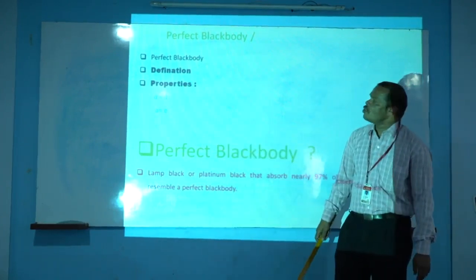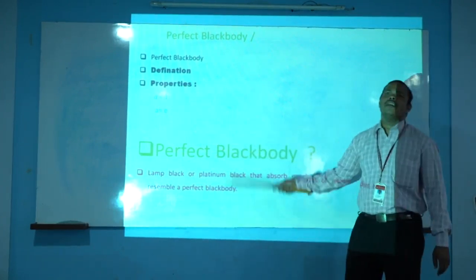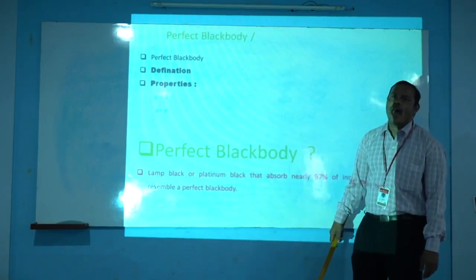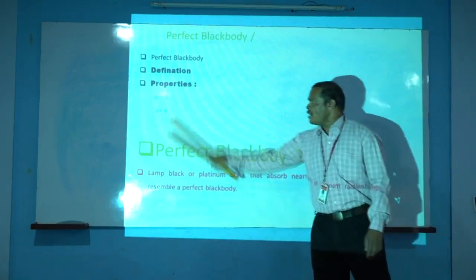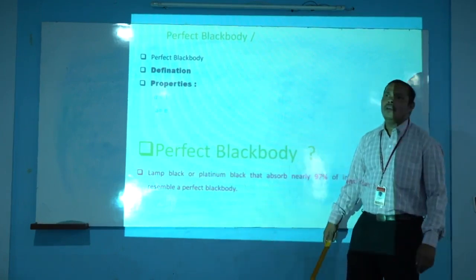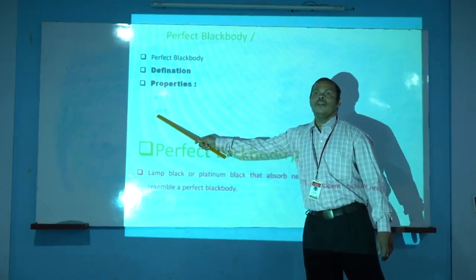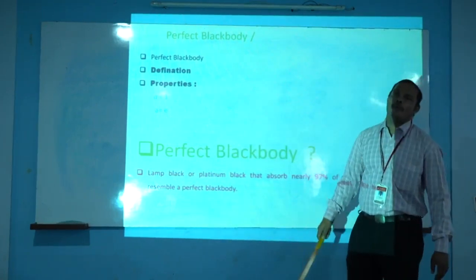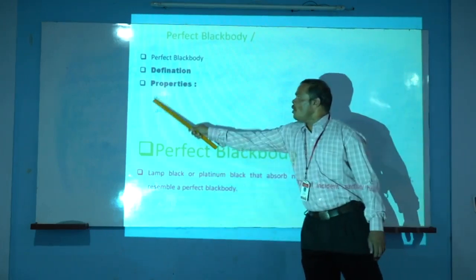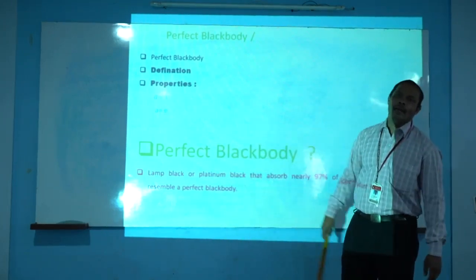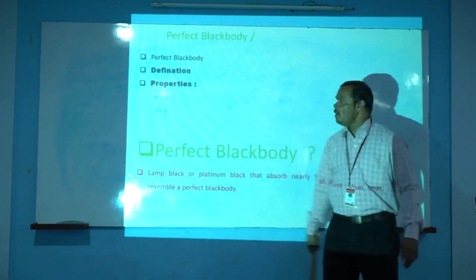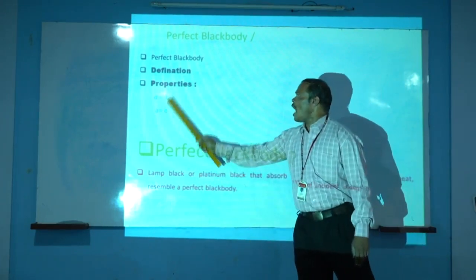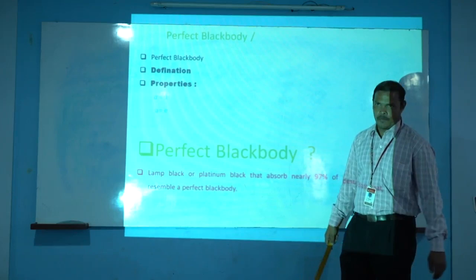Of course, the coefficients of reflectance and transmittance are 0. And by Kirchhoff's law of radiation, the coefficient of absorption is equal to the coefficient of emission. So if A equals 1, for a perfectly black body the coefficient of emission also becomes equal to 1.